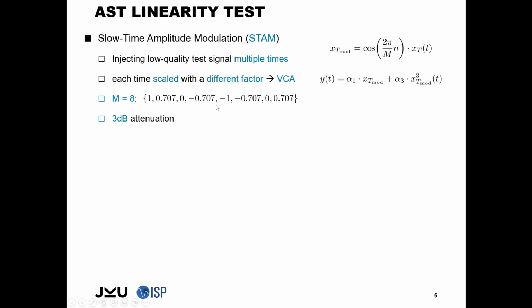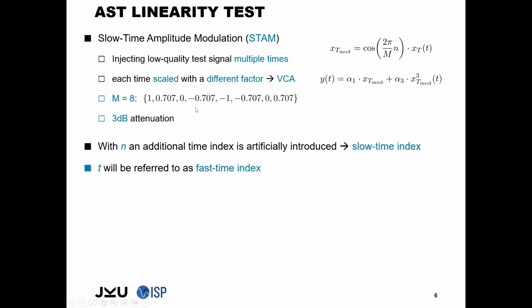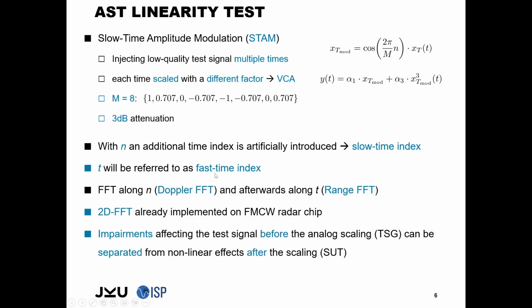So it's pretty straightforward, and I will show you afterwards that this can be implemented really easily. So with n, we actually get an additional time index which is artificially introduced. And this is also called the slow time index. And d will be referred to as the fast time index. And the FFT along n is also called the Doppler FFT.